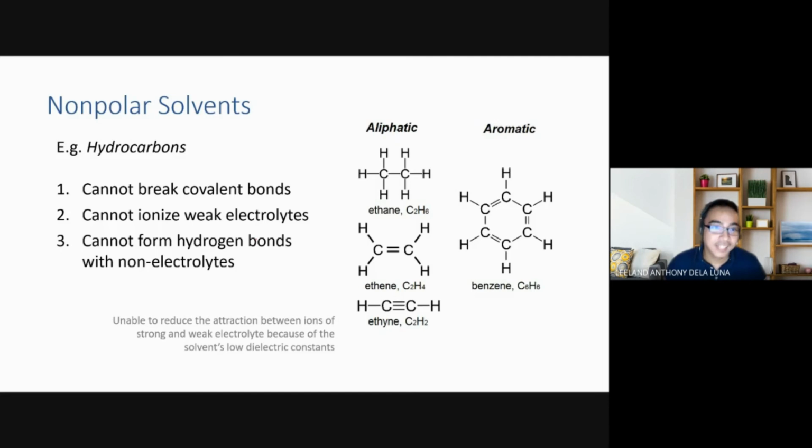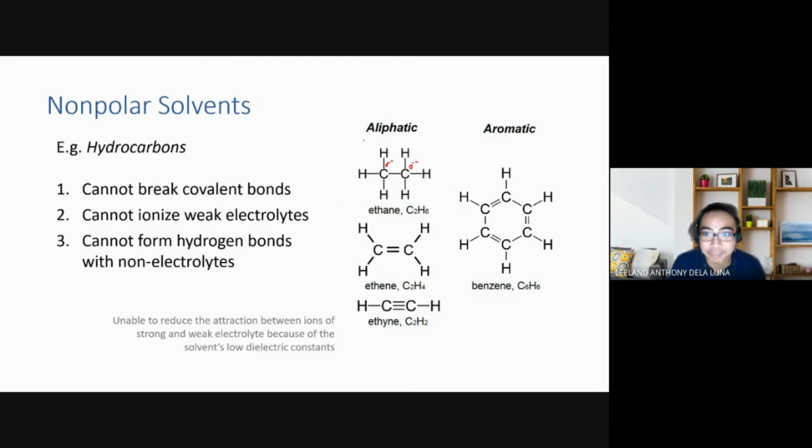So class, these hydrocarbons cannot ionize weak electrolytes. Kasi kung titignan nyo naman talaga dito class, okay, hindi ko ma-define definitely kung asan ang negative side, asan ang positive side. Kasi halimbawa, ito ethane na lang. Tingnan nyo to ha. Ethane class, although technically I can say that my carbon here is slightly negative, pero class dito, carbon ko rin to would be slightly negative. Okay? Tapos paikot pa yung structure. Right?